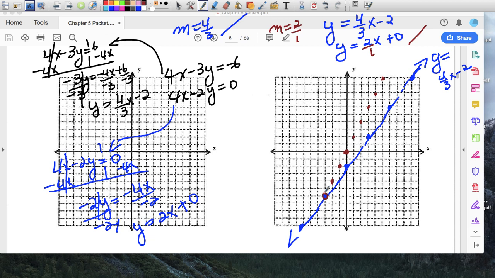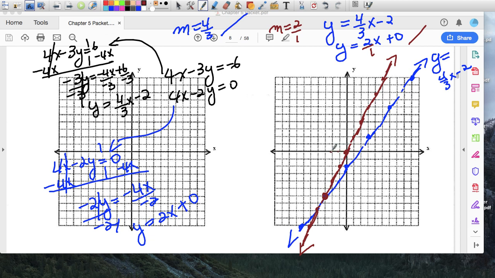I'm going to circle it so I can see right here, that's the point of intersection. So this is what the line looks like. Definitely 2 lines, and their point of intersection is right here.